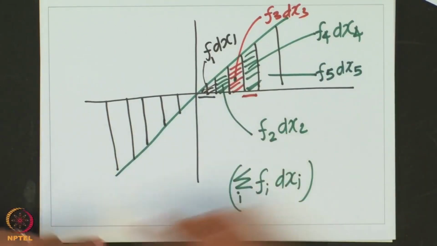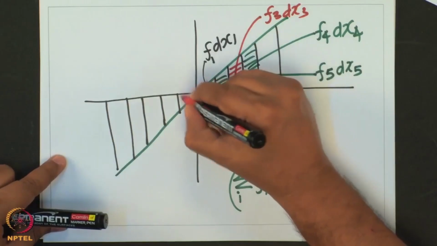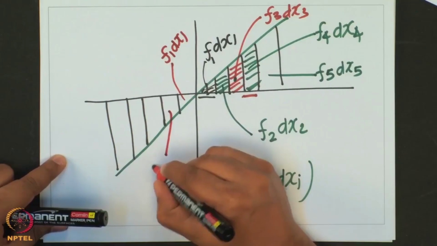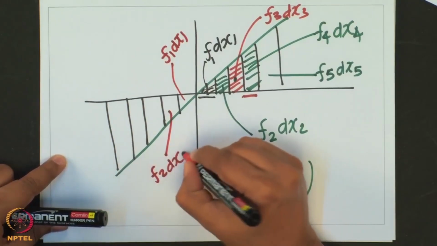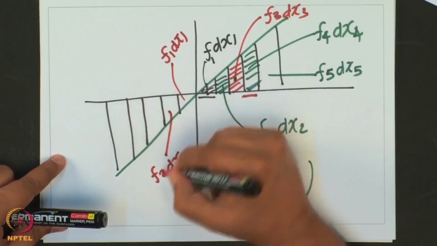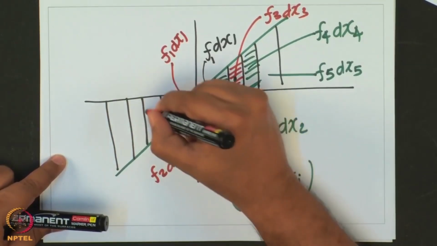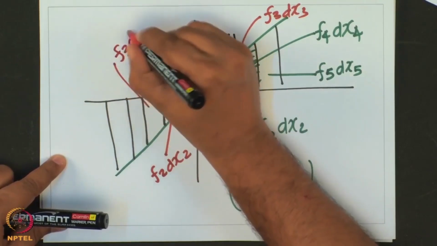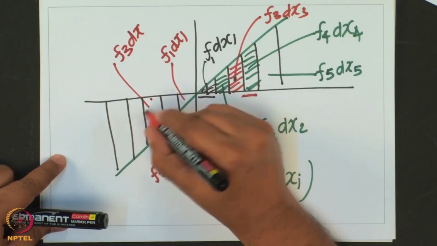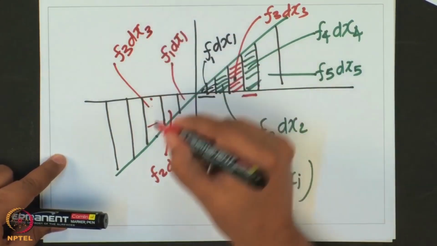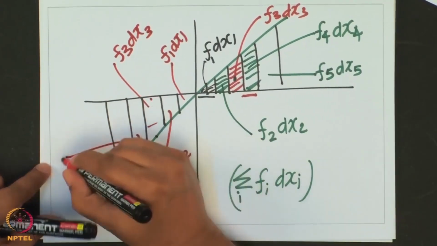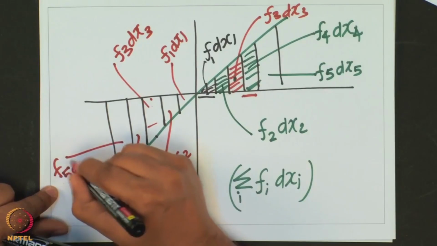Similarly, I could do the same on this side. This is my f1 dx1, this area would be my f2 dx2. Since the function is negative here, this f2 dx2 will have a negative sign. This is my f3 dx3, the function value times this dx3, and here I will have f4 dx4, and this is my f5 dx5.